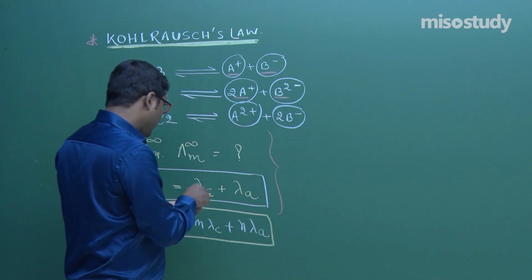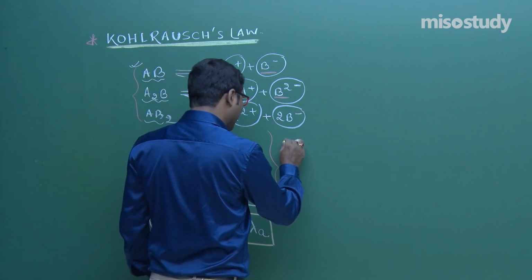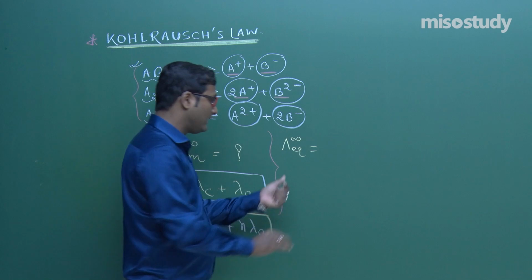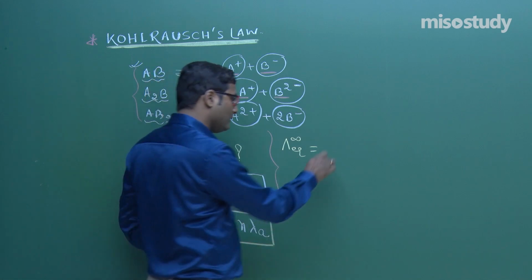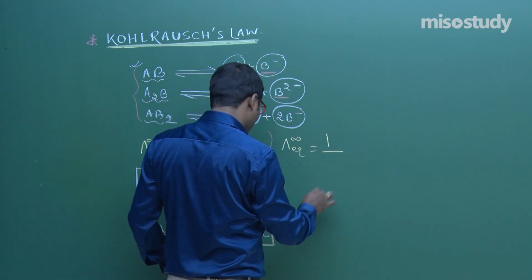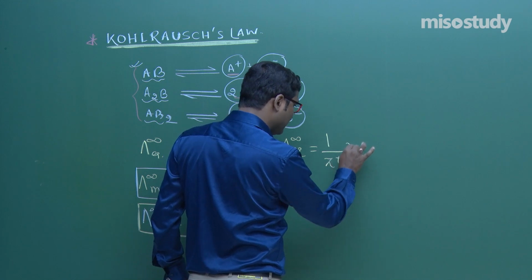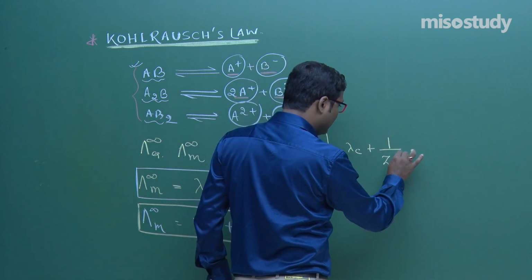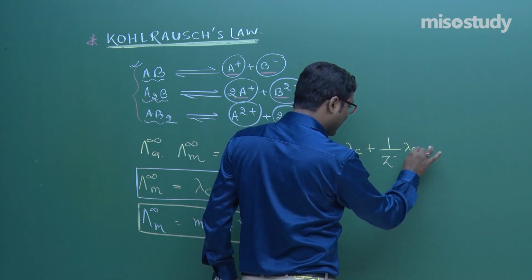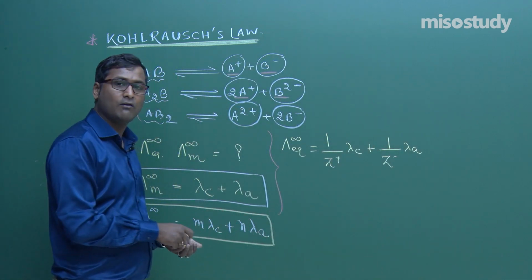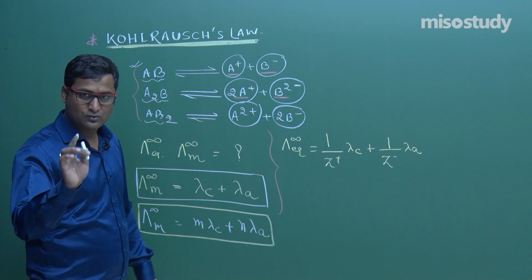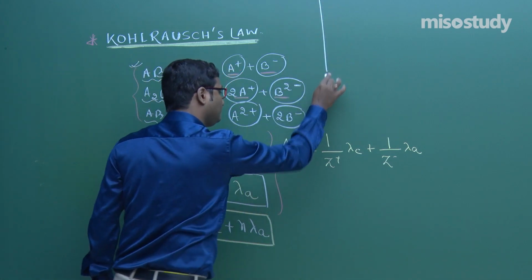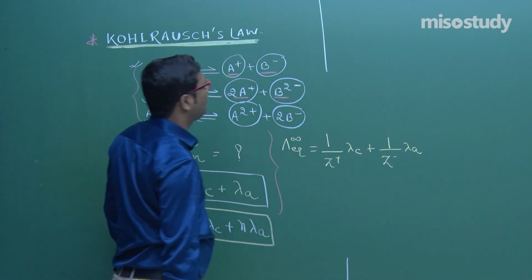Similarly, the equivalent conductance at infinite dilution is 1 upon Z plus lambda cation plus 1 upon Z minus lambda anion. That is the case of Kohlrausch's law. We'll discuss one by one. Don't worry, if you have any doubt, I will clear all your doubts.